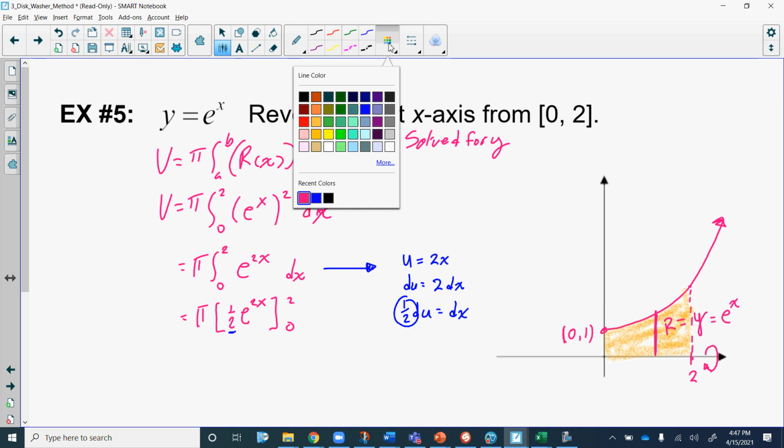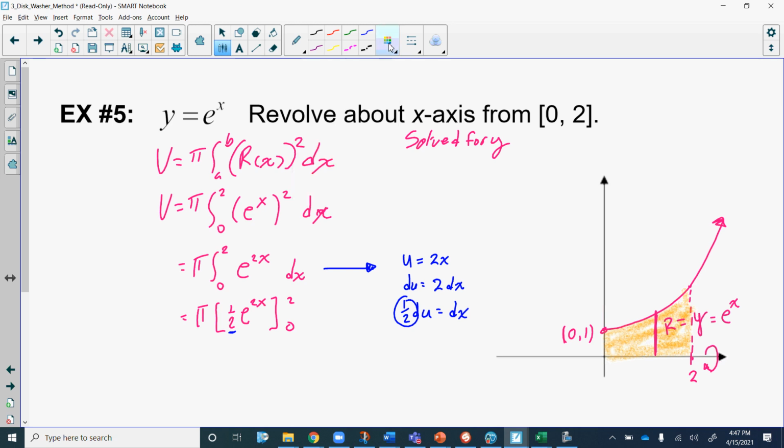But now that we've had that little aside done, again, I like my lower bound to be 0. That's always nice because substituting 0 just gives you 0 in this case. So here I'm going to say pi times, and I'm going to pull out that 1 half as a constant again, so that'll be pi over 2 times e.